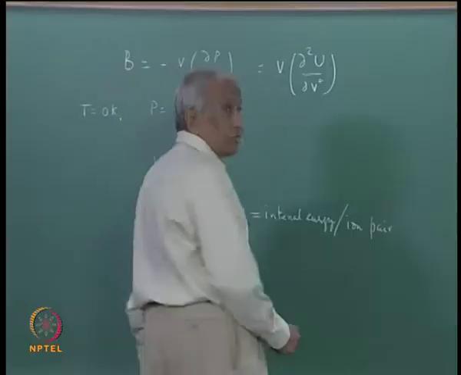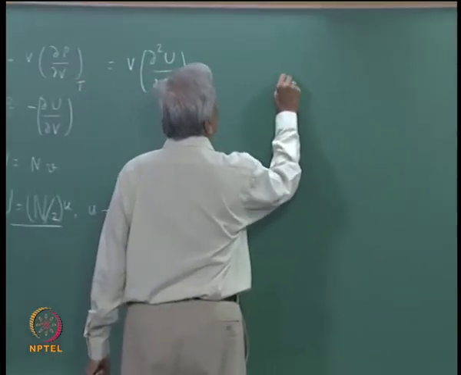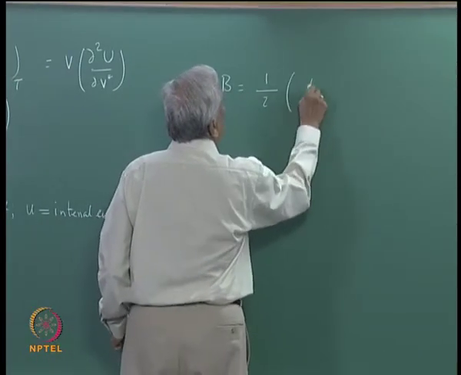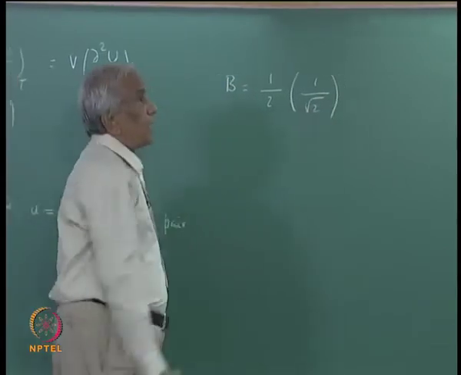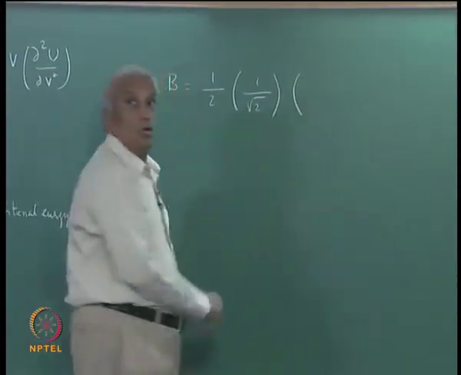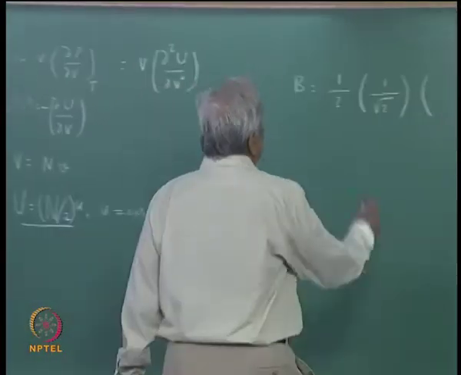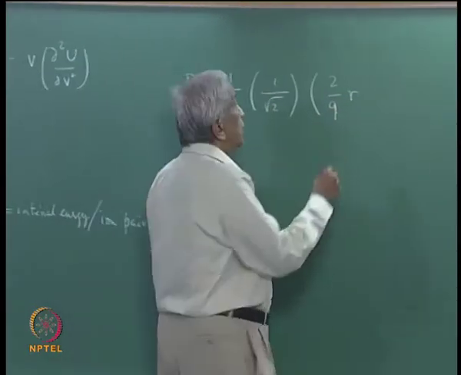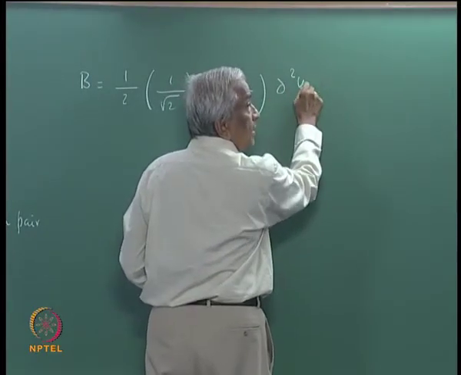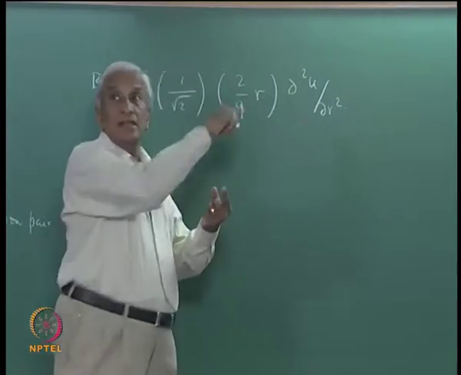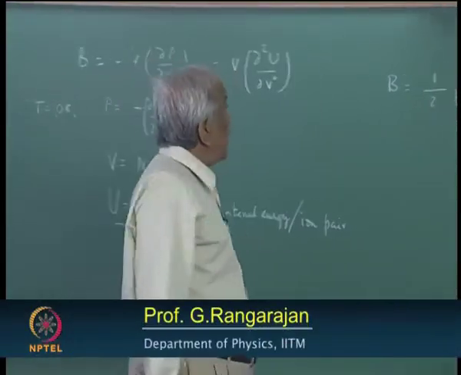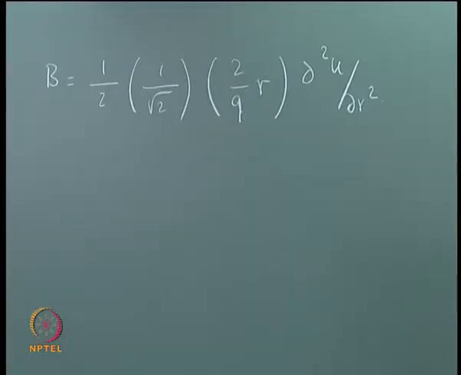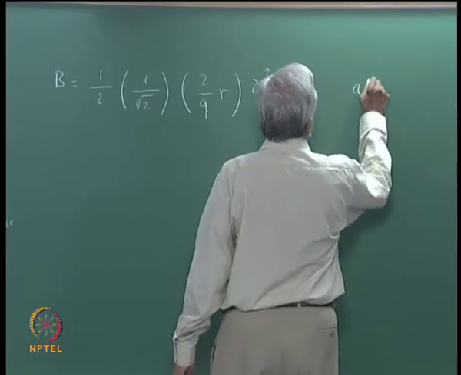Therefore, the bulk modulus can be calculated, for the face centered cubic structure, as half into 1 by root 2 into 2 by 9 r into d square U by d r square, taking the relation between r, the ionic radius, and the volume of the unit cell. So, this is at r equal to r 0.